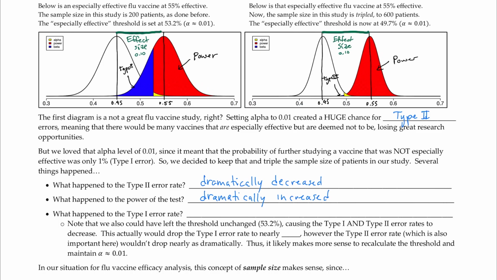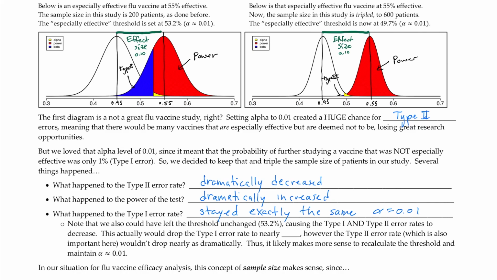And then what happens to the type 1 error rate? Take a look at that. What would you say? That stayed exactly the same. So alpha is 1% for both.